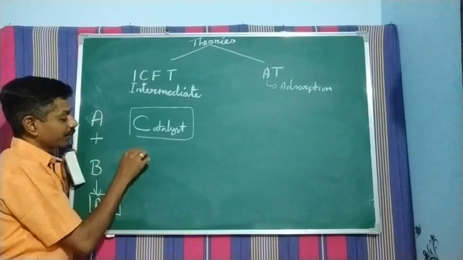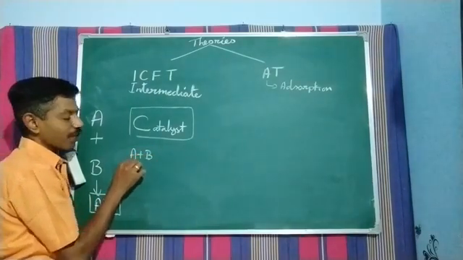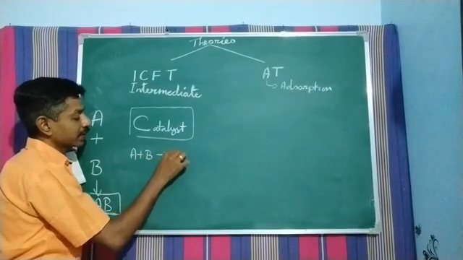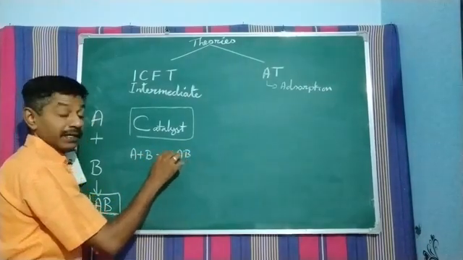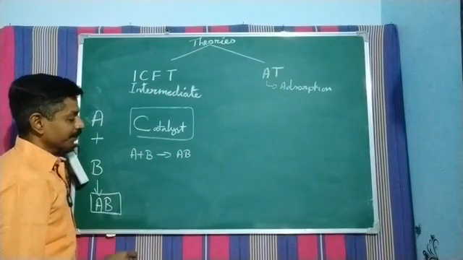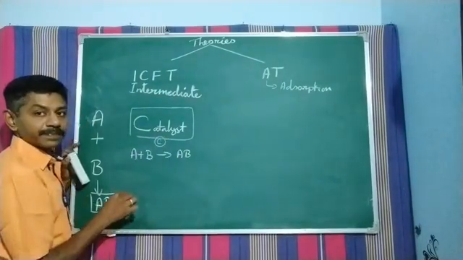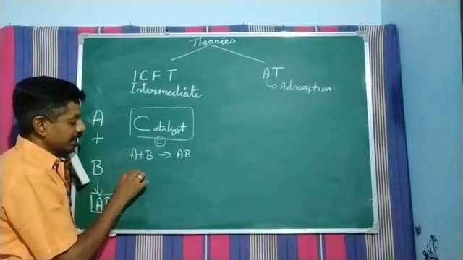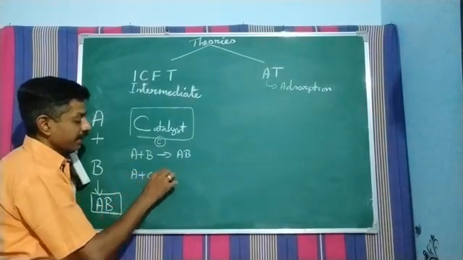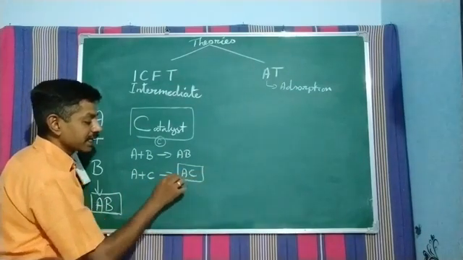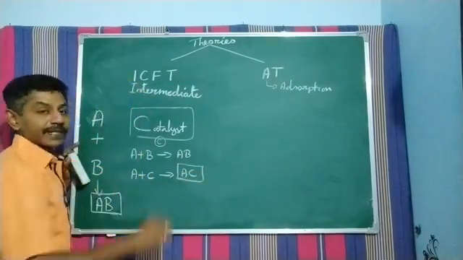If you want to learn it in equation form, A reacts with B to give AB. AB is the expected product. For this reaction I am trying to have a catalyst now, C. First, A and C will interact to form an intermediate. Now AC is called the intermediate.